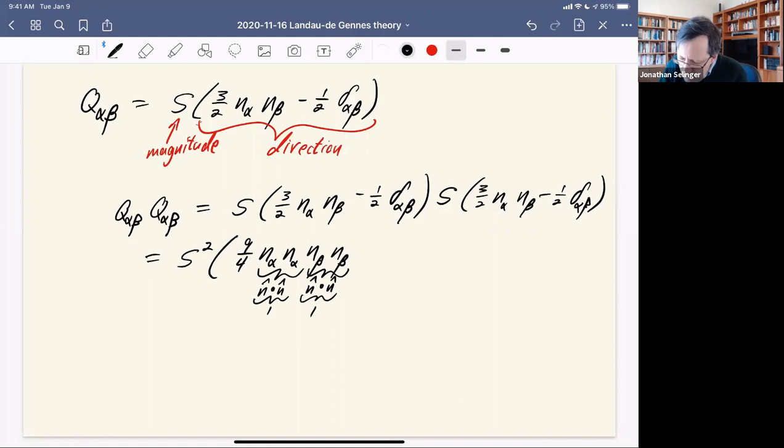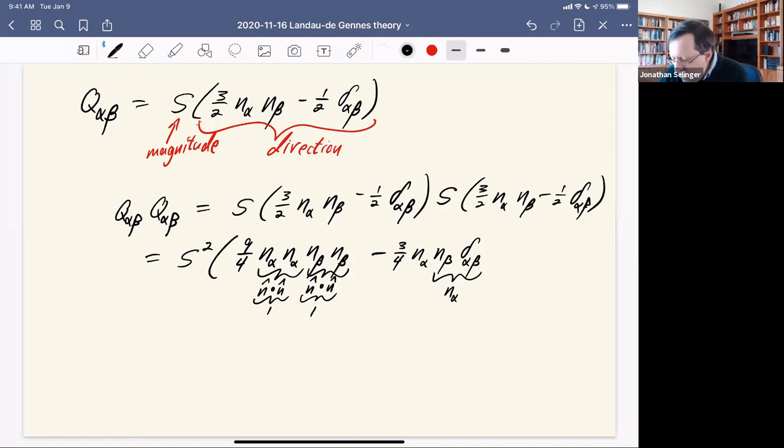Now, what about a term like the first times the second thing? Okay. So that is minus 3/2 times 1/2. So minus 3/4 n alpha n beta delta alpha beta. Okay, we can simplify this, right? So the n beta contracted with delta alpha beta gives us just n alpha, right?